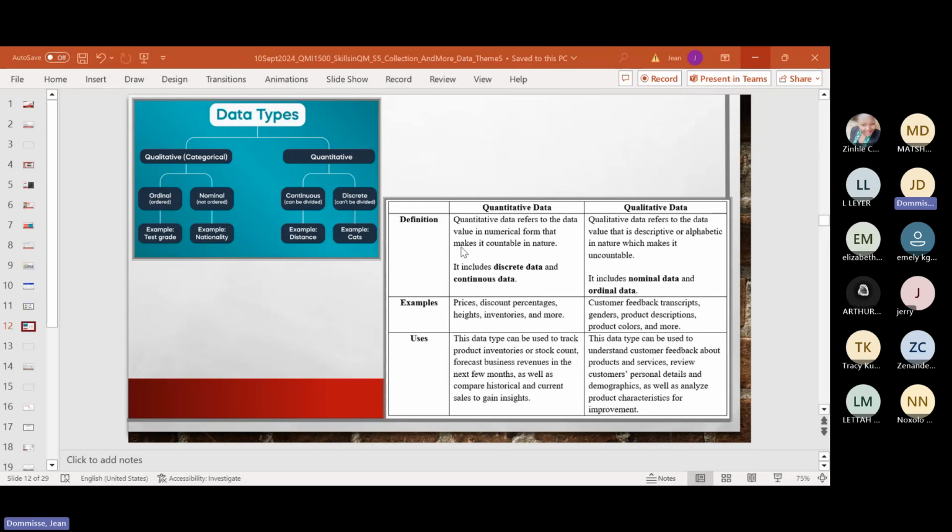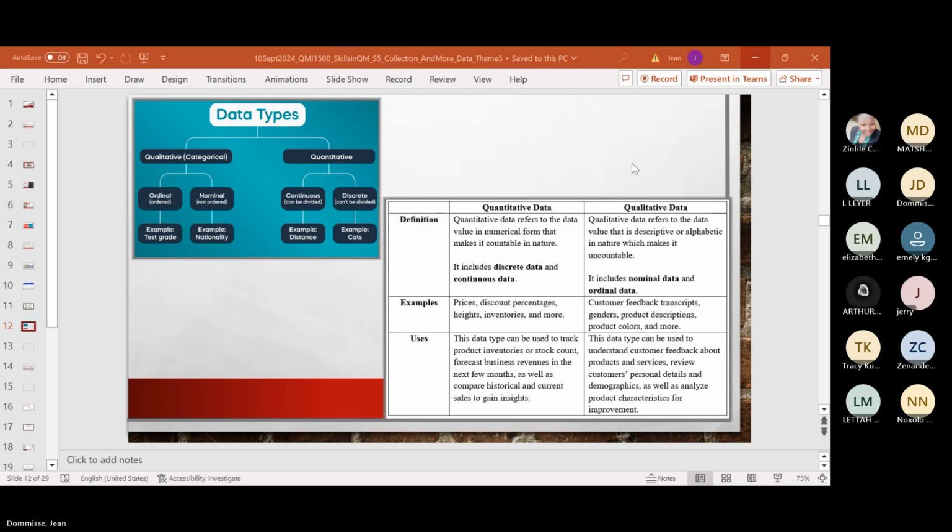Then when we get to qualitative data, we can break that up too. Qualitative goes about quality, so it is more to describe the data.